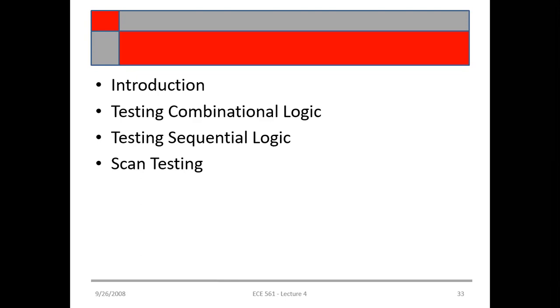The previous state is the Q and Q bar, and the output depends on these two previous values. Testing of sequential logic is generally much more difficult than testing combinational logic, because a sequence of inputs must be used for the testing.